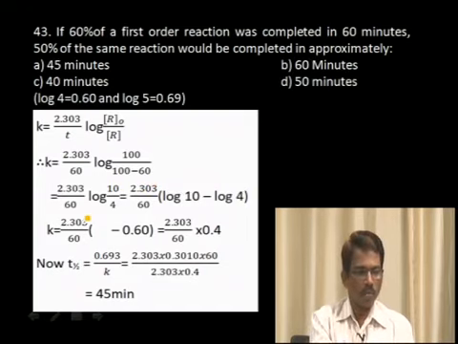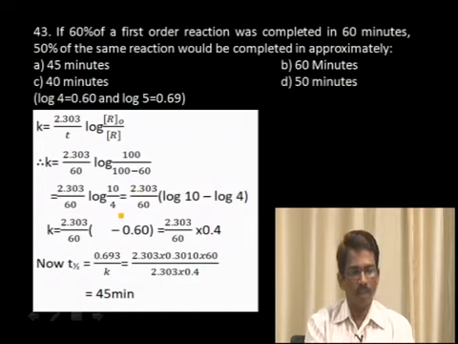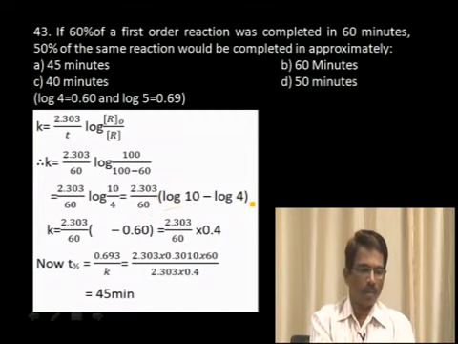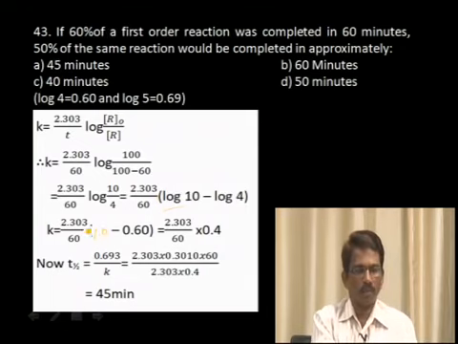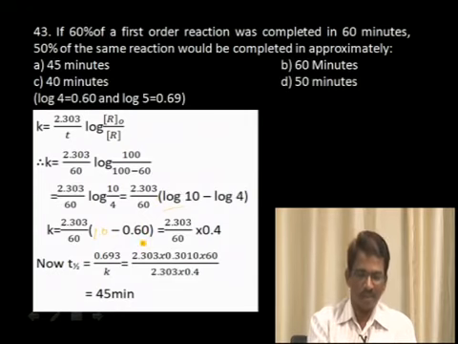Definitely K is equal to 2.303 by 60 into log 100 by 40 or log 10 by 4, that is equal to 2.303 by 60 into log 10 minus log 4, and this is equal to 2.303 by 60 into 1.0 minus 0.6, that is equal to 2.303 by 60 into 0.4.